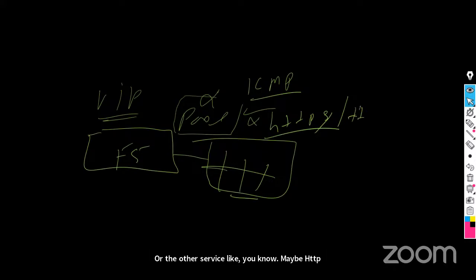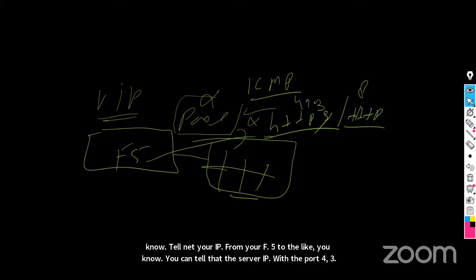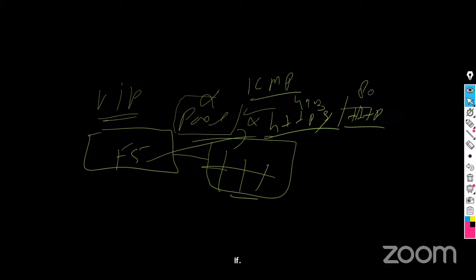But your server is up. So you need to do the troubleshooting: telnet to the server IP from your F5 on port 443, and if there is a service on 80, telnet to port 80. If 443 and 80 are working, that means you have some intermediate issue sometimes.